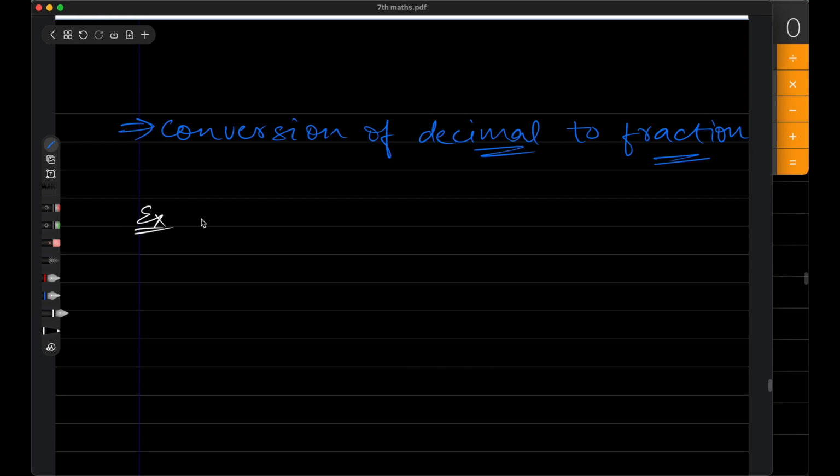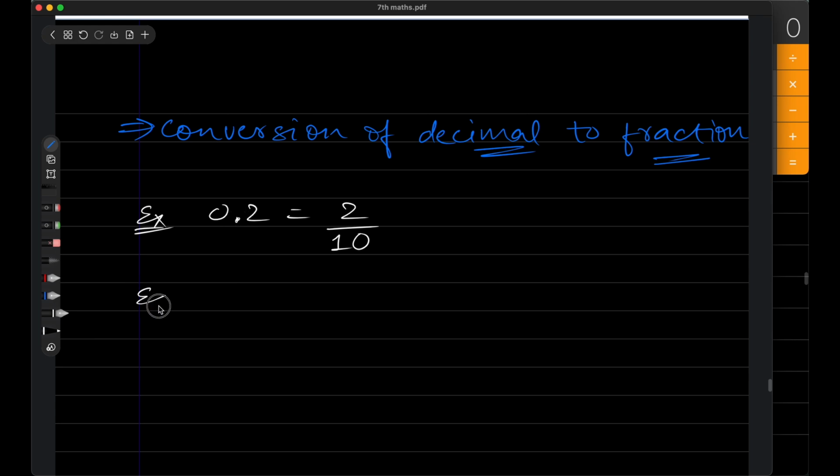If we are given the decimal number 0.2, we write the numbers and then count the number of digits after the decimal, and in the denominator we write the number of zeros equal to the number of digits after the decimal.